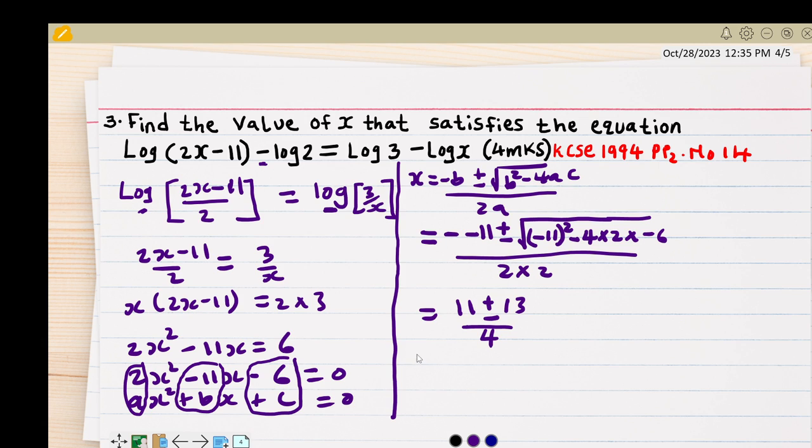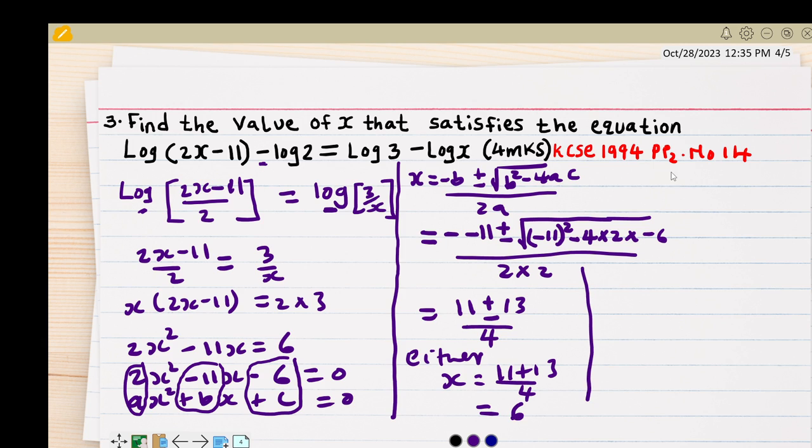So it means either x is equal to 11 plus 13 over 4, which is going to give me 11 plus 13, you'll get 24. So 24 divided by 4, you are going to get 6. So the value of x is actually 6.